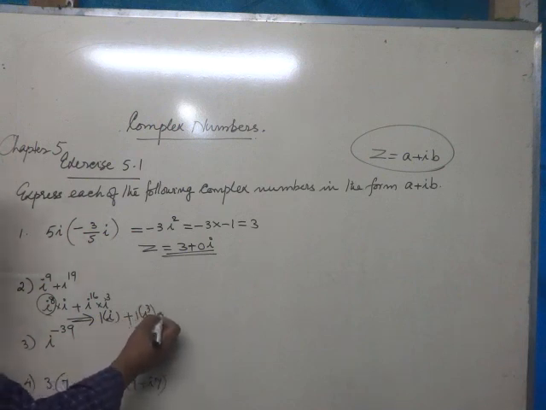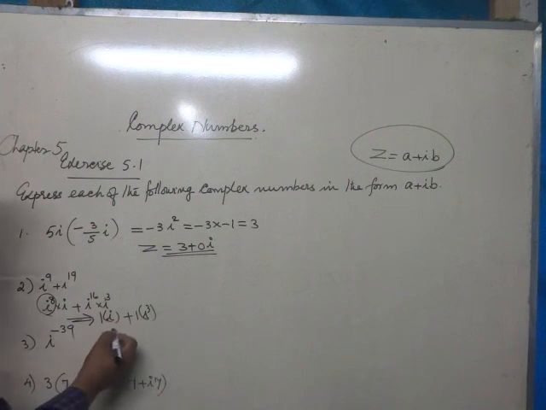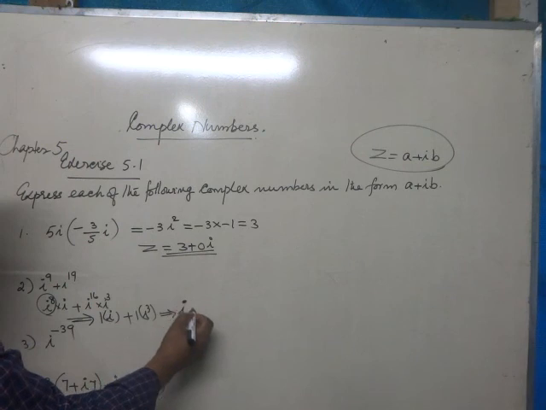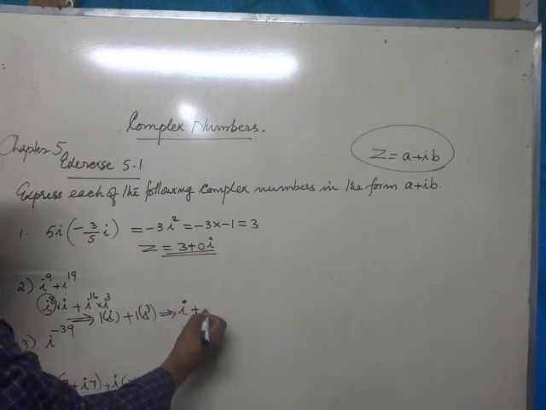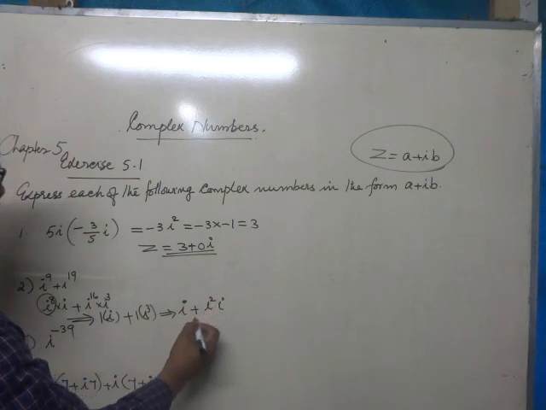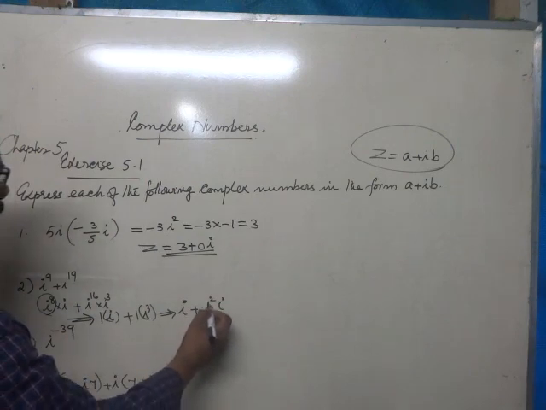Now, what is this i cube? That is i plus i square into i. i square is negative 1.